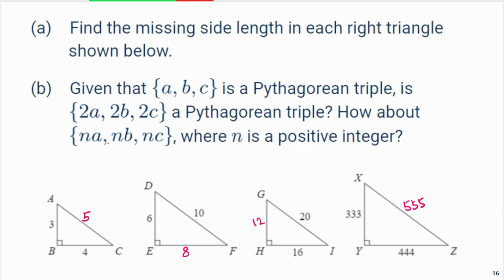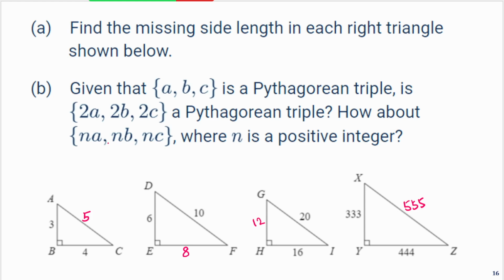Can you see the pattern here? Well, this tells us that if A, B, C is a Pythagorean triple, and you multiply each of the 3 numbers by a positive integer n, then nA, nB, nC are also a Pythagorean triple, right?